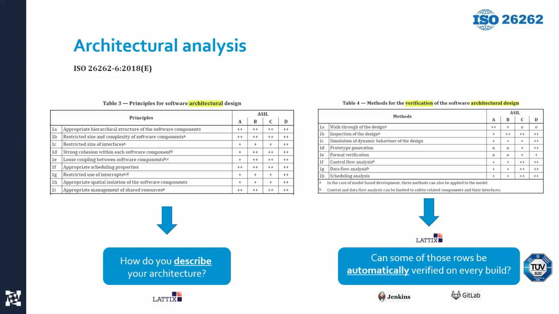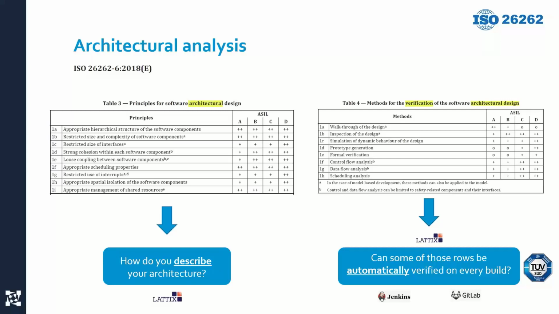Okay. All right, so boring stuff, real quick. If you look at the compliance functional safety document, you'll find some tables. Nobody wants to read them, but they are important if you want to pass your audits. Some of the tables refer to architectural design, and they want you not only to describe your architecture in some way and fashion, but also to verify that the architecture meets certain criteria.